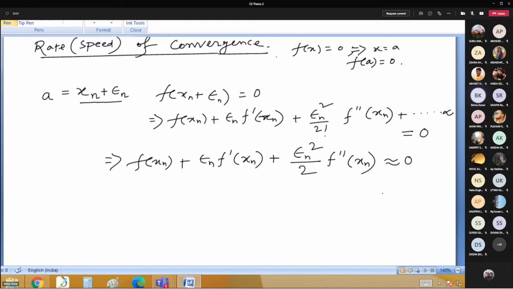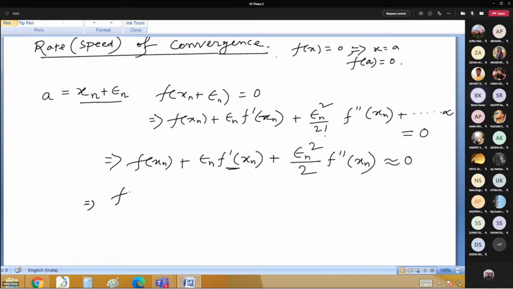Is the calculation okay? Are you understanding? Yes, sir. Then what I will do is divide both sides by this term, f dot xn.